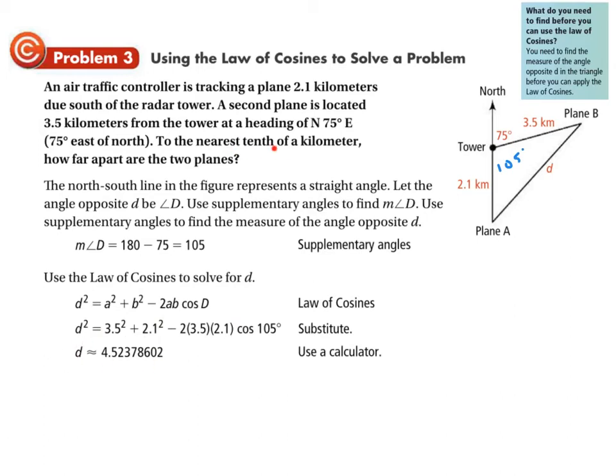And they say to the nearest tenth of a kilometer, so rounding to the nearest tenth, right here the 5 is in the tenths place, and the number right next to it that tells us whether to round up or keep it the same is not 5 or higher, so that stays at 5. So the distance between the two planes is about 4.5 kilometers, okay? There is a got it problem for this. I'm doing it on the next slide, so let's go take a look at it.